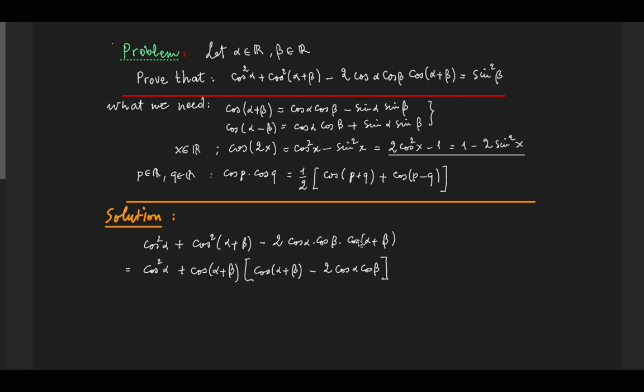We factorize the cos of alpha plus beta. Then it's equal to cos squared alpha, that remains at the end, plus cos of alpha plus beta times, by the first rule, cos alpha cos beta minus sine alpha sine beta, then minus 2 cos alpha cos beta.